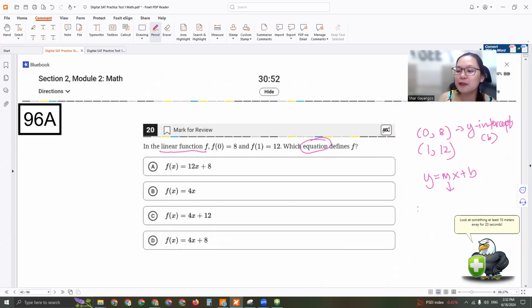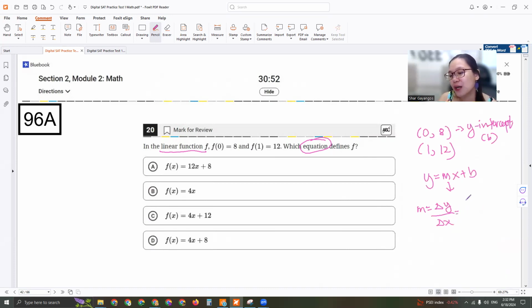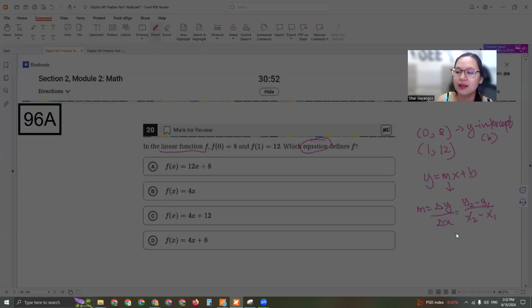And remember, slope is just equal to the change in y over the change in x, or y sub 2 minus y sub 1, basically the difference between two y coordinates, and then in the same order, the difference between their corresponding x coordinates. You can switch the numbers around just to make sure that whichever order you actually use in the numerator, you apply that in the denominator as well.